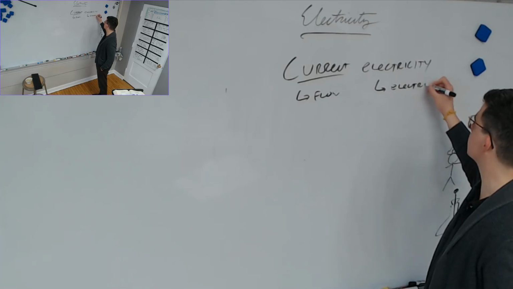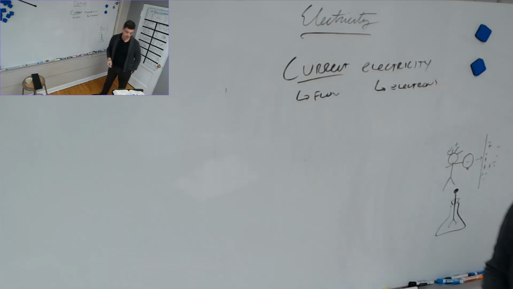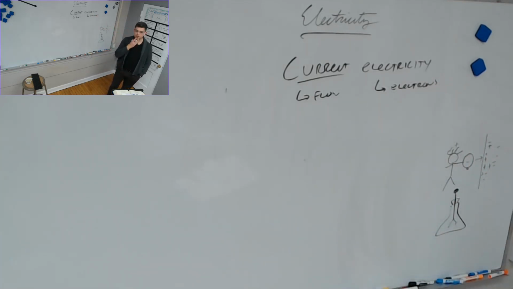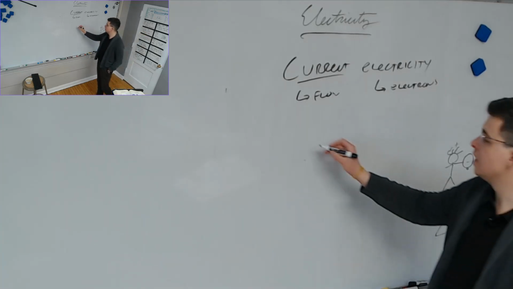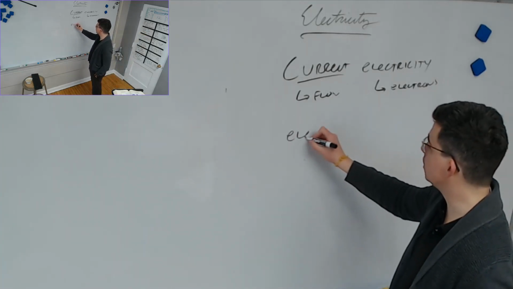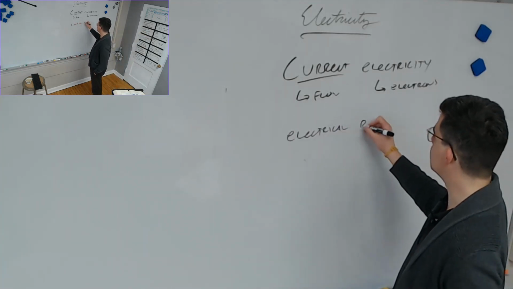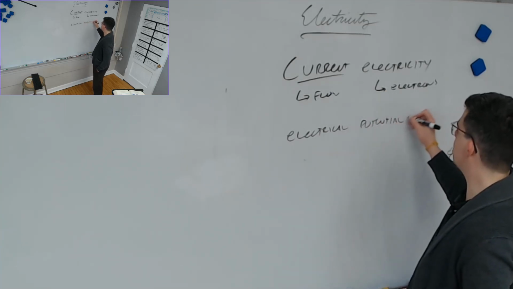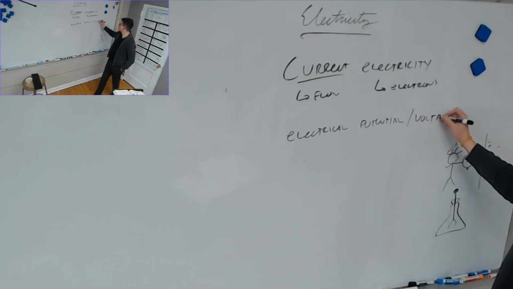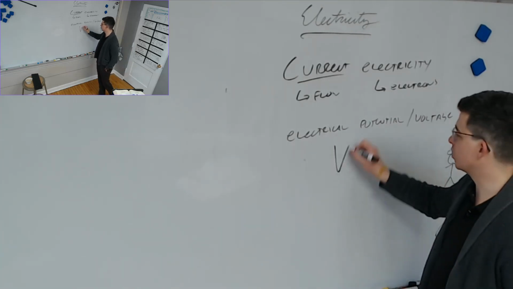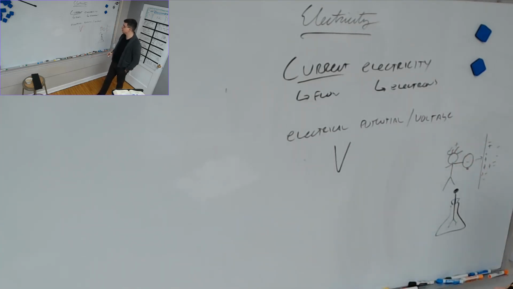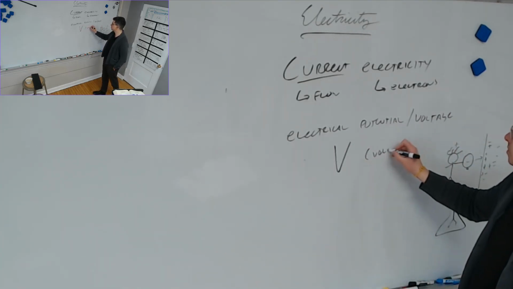That's what current electricity is. The flow of electrons is current electricity. And it relies on what's called electrical potential, which is also sometimes called voltage. It's abbreviated with the symbol V, and it's measured in volts.